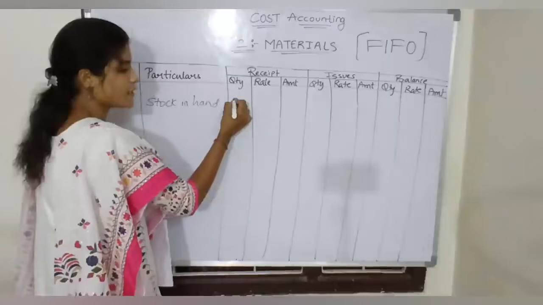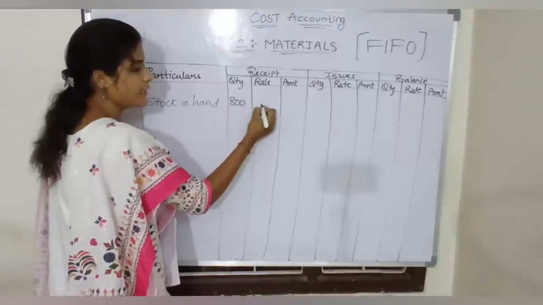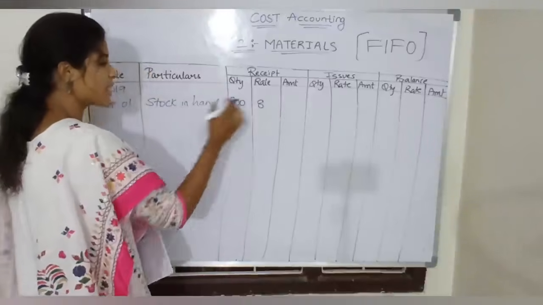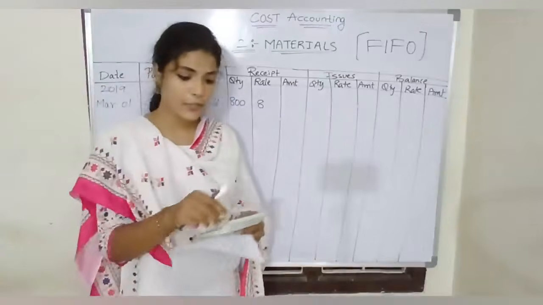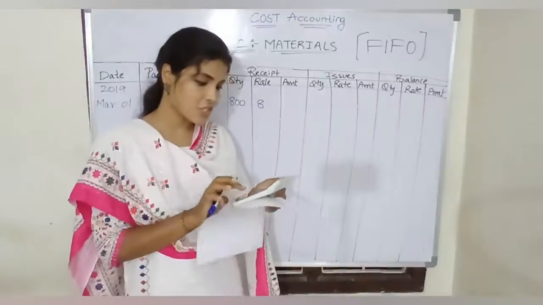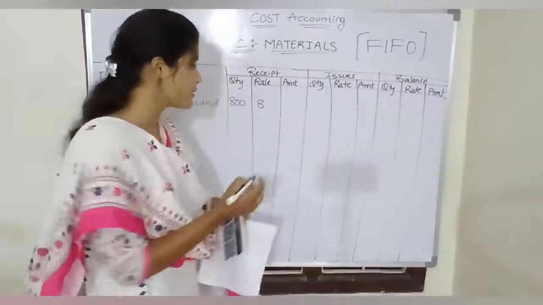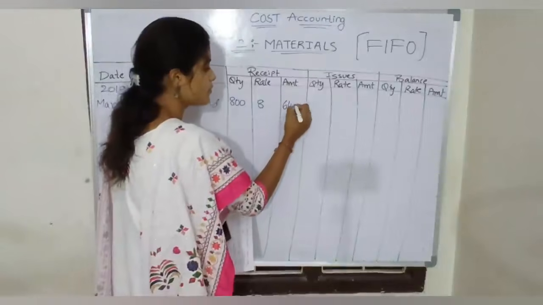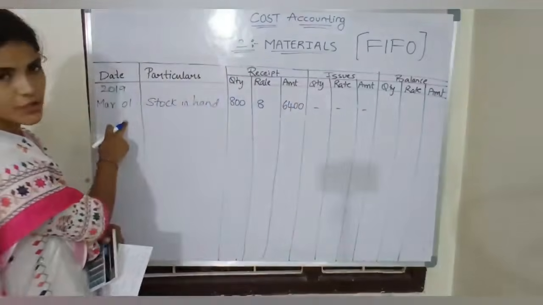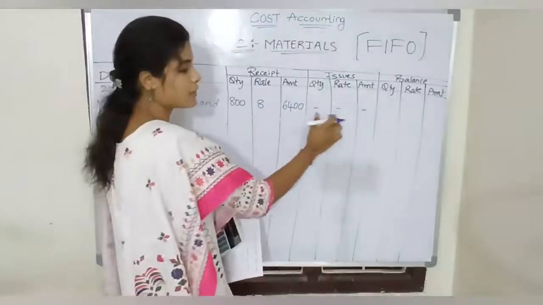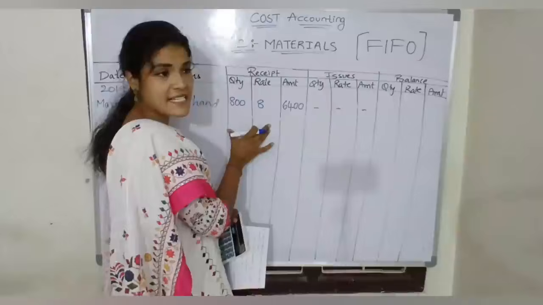So here you write 800 quantity, rate 8. Then what will be the amount? 800 into 8. Use a calculator in your examination. 800 into 8 is 6400. We are not having any issues on 1st March, so the issues column is nil. So what is the existing amount?